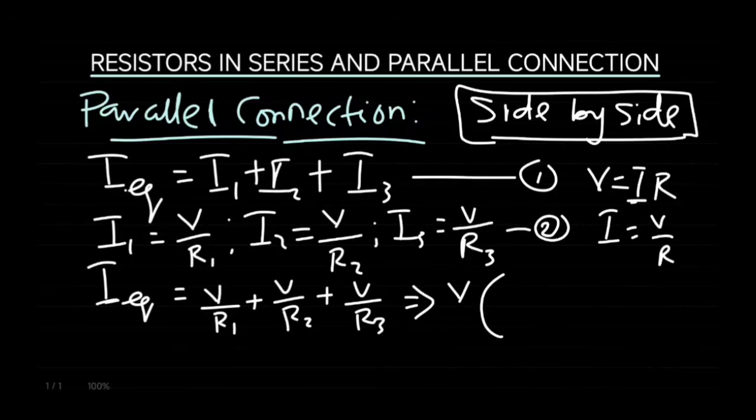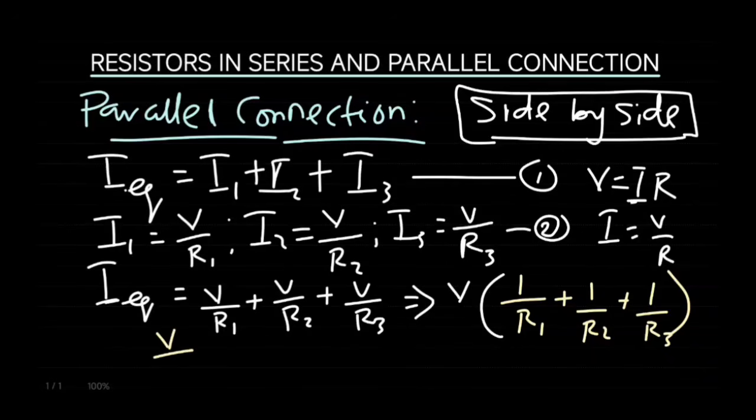Bracket open, 1 all over R1 plus 1 all over R2 plus 1 all over R3. So therefore, my I equivalent is given as V all over R equivalent, which is equal to V times the bracket of 1 all over R1 plus 1 all over R2 plus 1 all over R3.